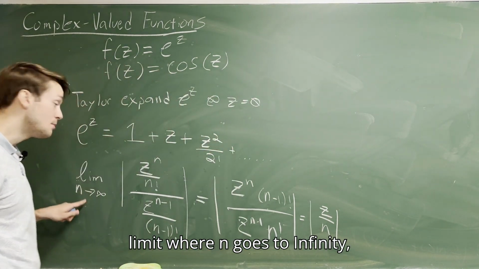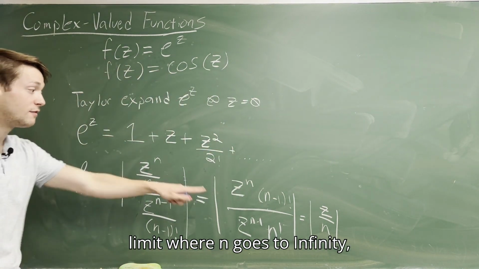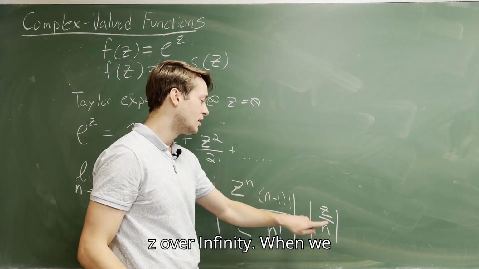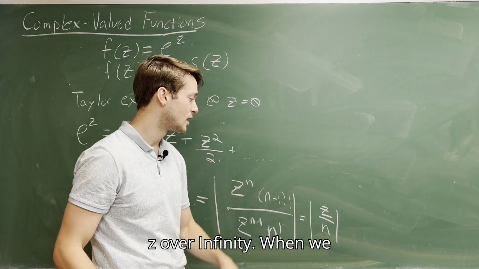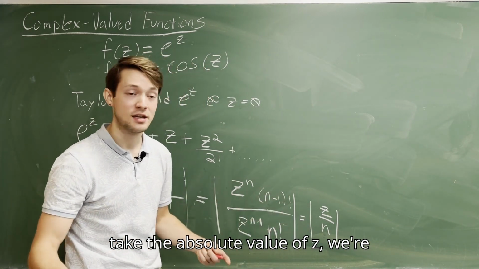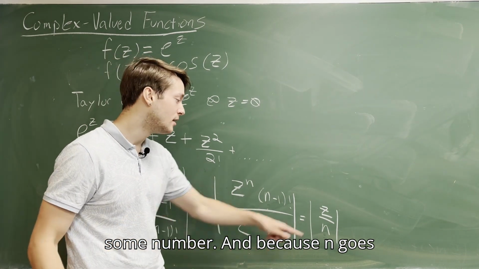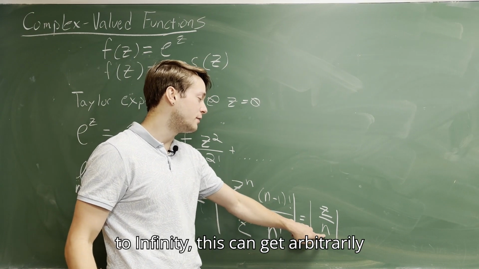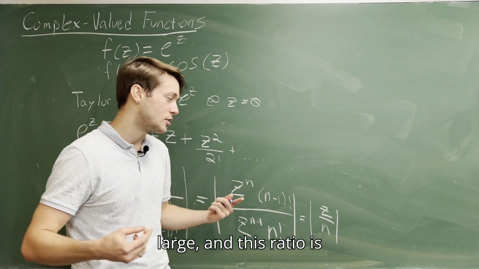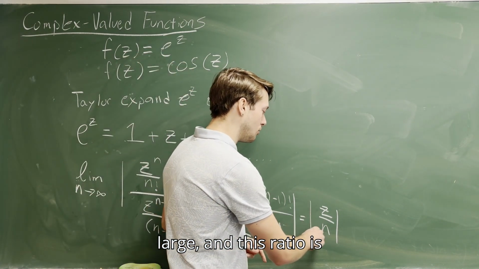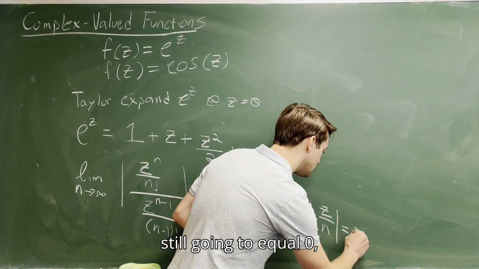And in the limit where n goes to infinity, z over infinity, when we take the absolute value of z, we're finding the length of z. It's going to be some number. And because n goes to infinity, this can get arbitrarily large, and this ratio is still going to equal 0.